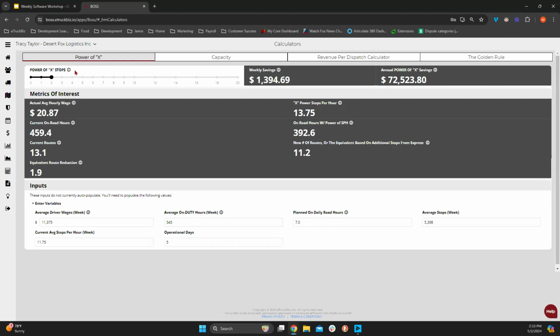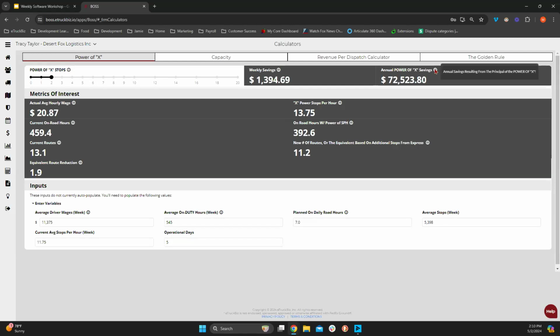What's really great is anytime you see these little eye icons, you can hover over them, and they'll tell you this is going to simulate your drivers if they could perform so many stops more per hour. Right now it defaults to 2 stops more an hour. And then it tells you your weekly savings, how much you would save per week if you just increase them 2 stops per hour.